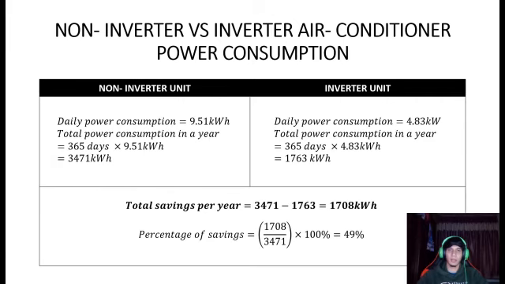After we calculate the total power consumption for both, we can calculate the total saving per year. The total saving per year is 1708 kilowatt. By that we can calculate the percentage of saving. The percentage is 49%.